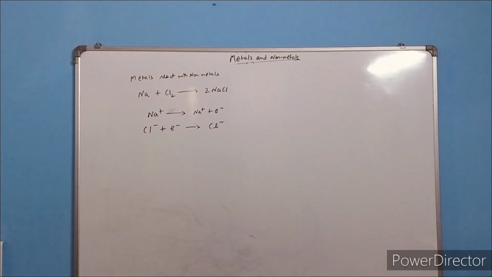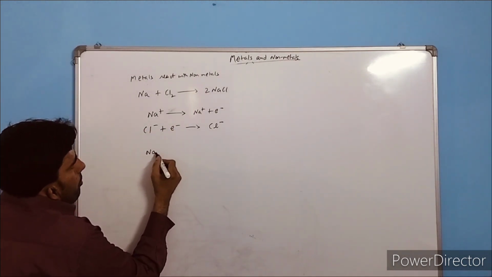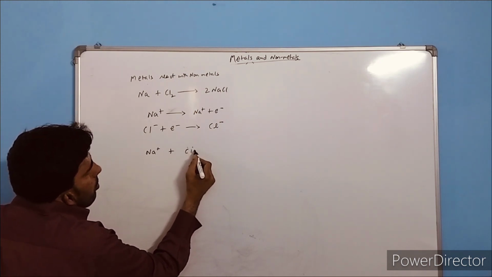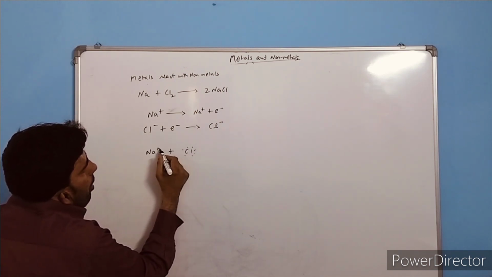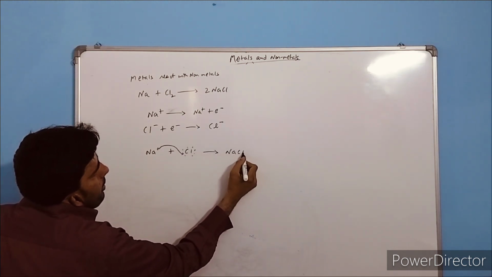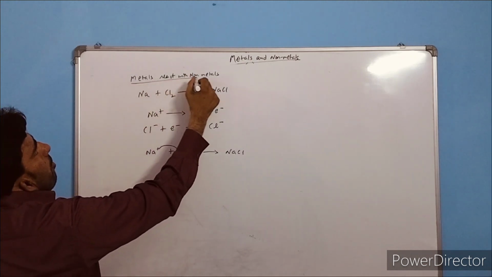In both cases we can see that electrons are transferred. Like for example, Na plus reacts with chlorine and the electron is transferred to form NaCl.